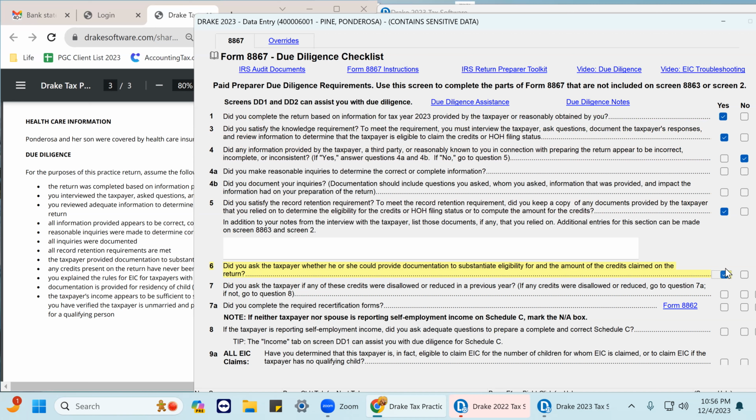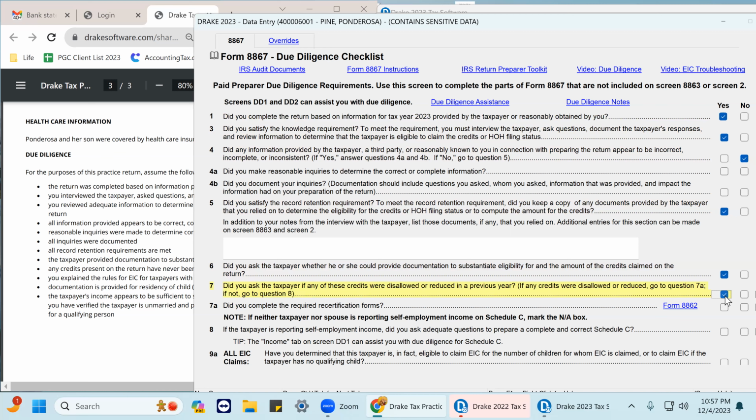Okay, good so far. Did you ask the taxpayer if any of these credits were disallowed or reduced in previous years? If any credit was disallowed or reduced, go to question 7A. If not, go to question 8. Let's say it's a no. You always ask.